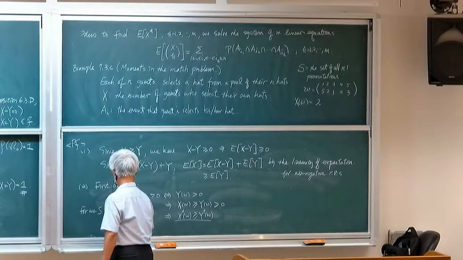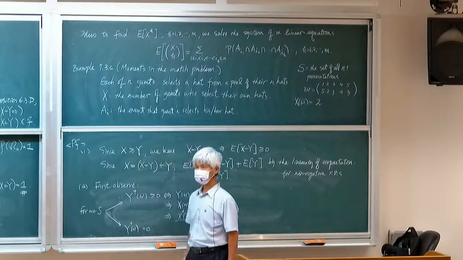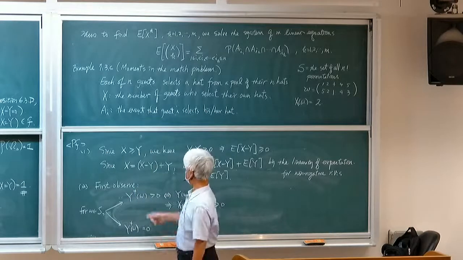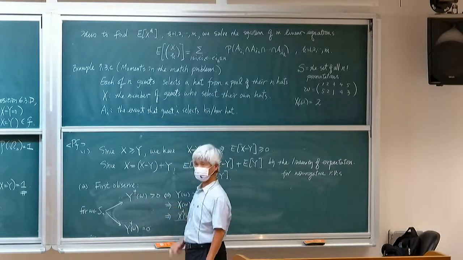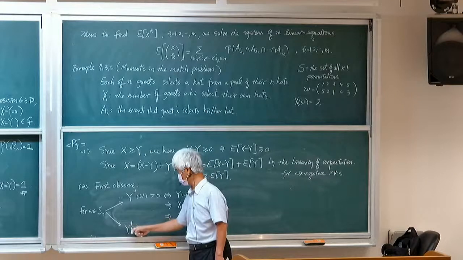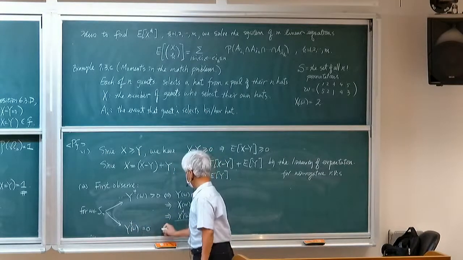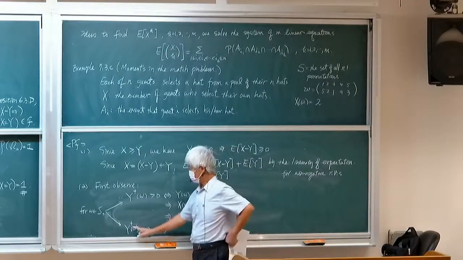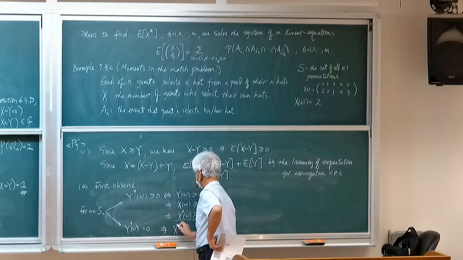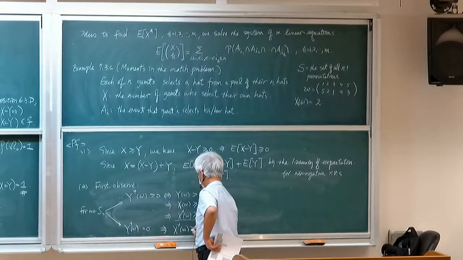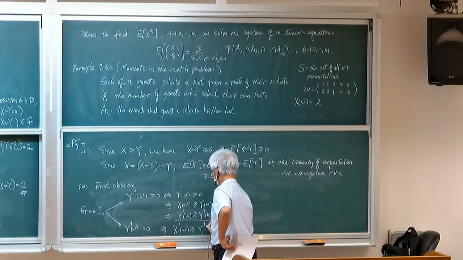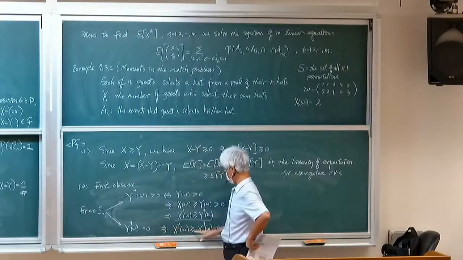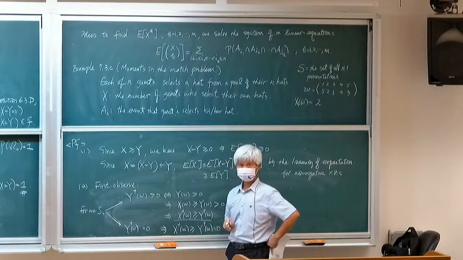For any outcome omega, either the positive part of y is positive or it is 0. When it is 0, then for this omega, x plus omega is greater than or equal to y plus omega.